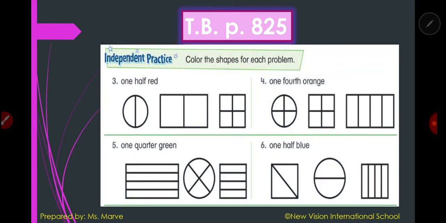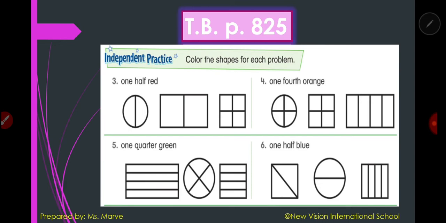The next one, 825. Number 3, you are going to color the shapes for each problem. Color 1/2 red. So, get your red color pencil and color only one part of the shape. Okay, one side only, color it red. Okay. Number 4, 1/4 orange.